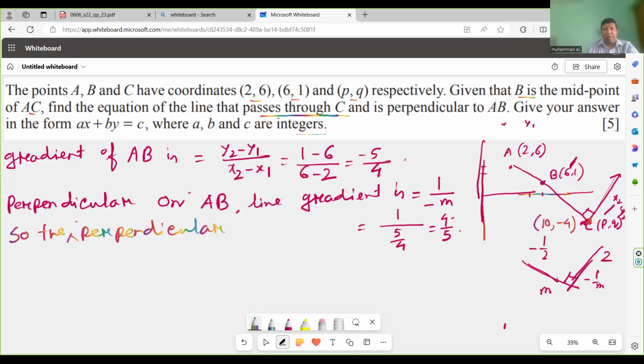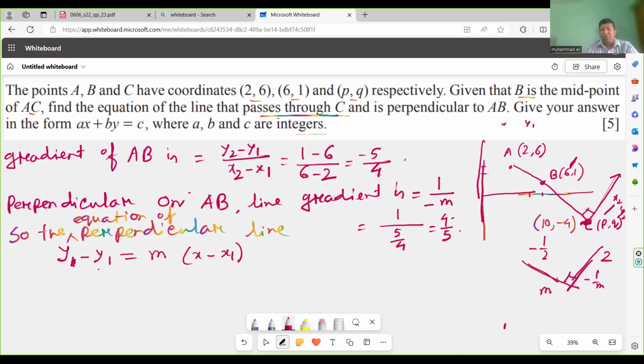The equation of the perpendicular line, the formula we know, is y - y1 = m(x - x1).